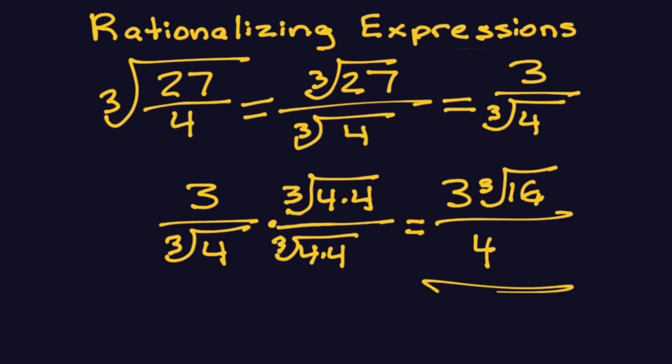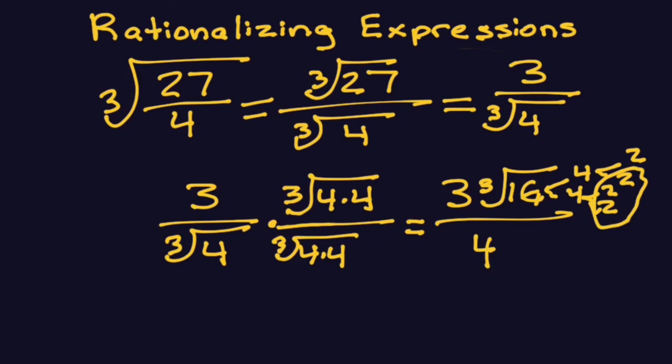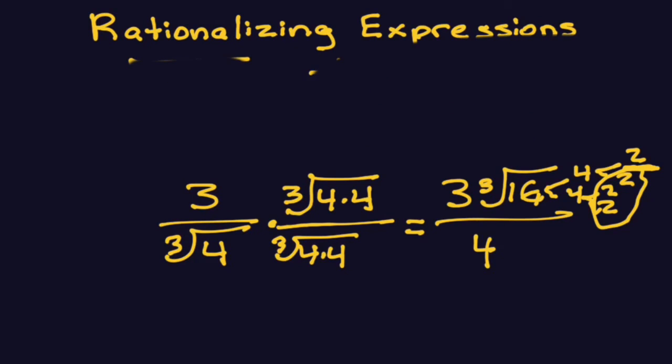Now, this is rationalized, but if you notice, that cube root of 16 can be simplified, right? Because 16 becomes 4 times 4, which becomes 2 times 2 times 2 times 2, and then we have a trio of 2s and a 2 by itself. So that cube root of 16 becomes 2 times the cube root of 2, right?